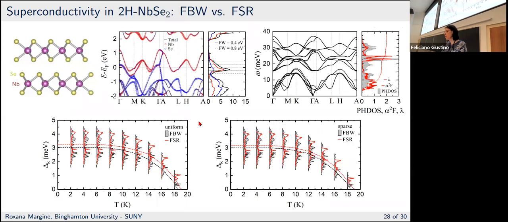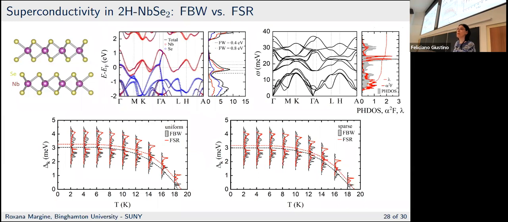Then the last plot that I'm showing here is the comparison between the full bandwidth and the Fermi surface restricted approach. In this case, although there was a very sharp peak in the DOS, we didn't find that this has a significant effect. But of course, as I said, this is only the first study that we have.